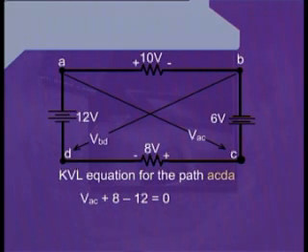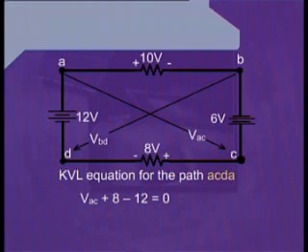And the terminal of this resistance which is towards the point C has been marked as positive. Therefore, after VAC, we will write plus 8. After writing this, we go through this resistive element to reach the point D.